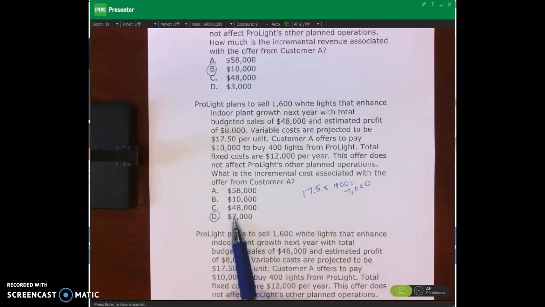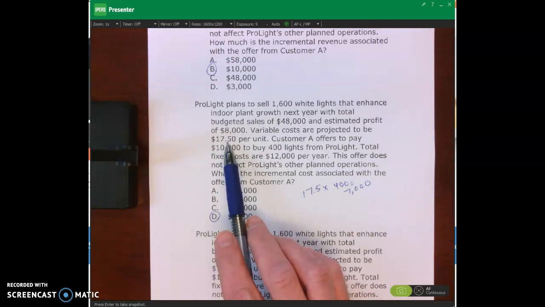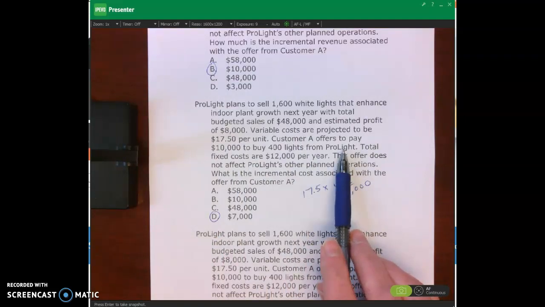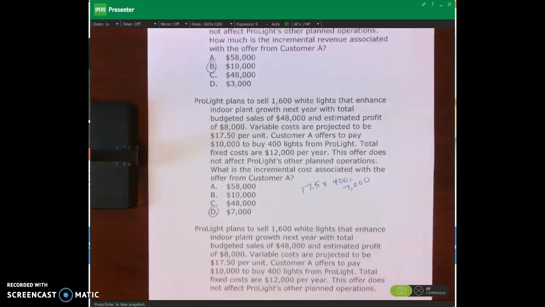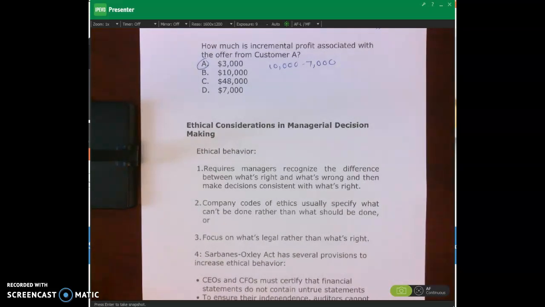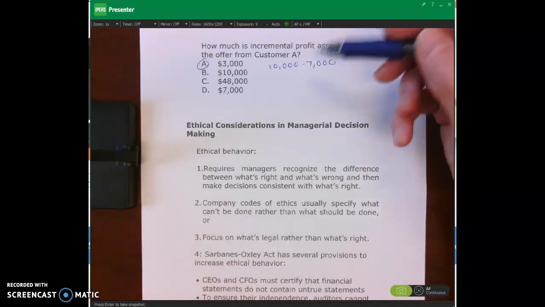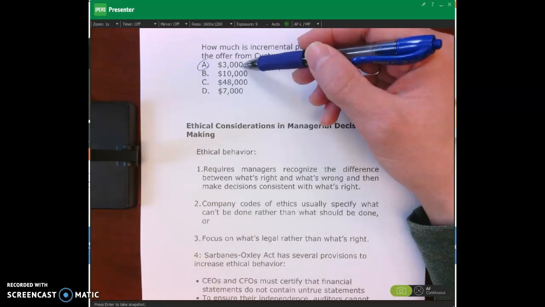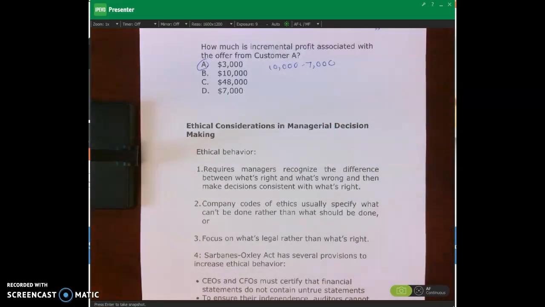So the only incremental cost that matters is the variable cost per unit times the 400 lights, $7,000. So as we can see on the next page, we have $10,000 in incremental revenue and $7,000 in incremental cost. Incremental revenue minus incremental cost gives us the incremental profit of $3,000. Okay, that's the right answer.